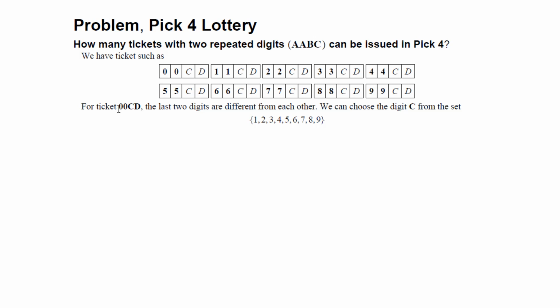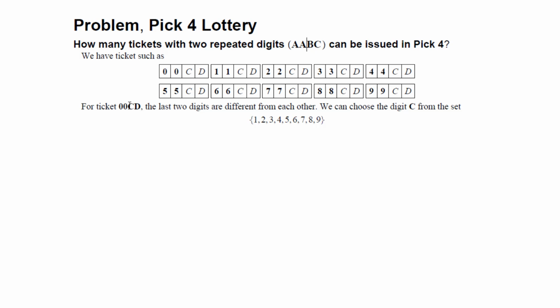For a ticket such as 00CD, we can choose the first digit C from the group 1 until 9. Why not from 0 until 9? Because if we chose C as 0, then we would have a ticket of the form 000D, which is a ticket with 3 digits the same, and we are dealing with tickets with only 2 digits the same.